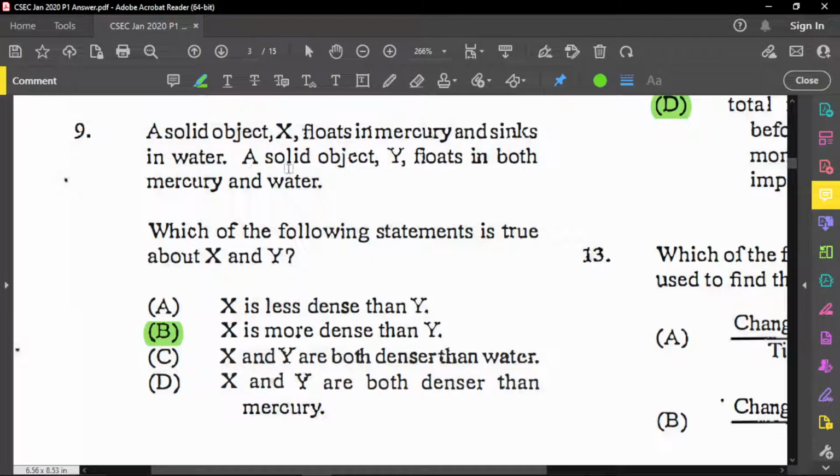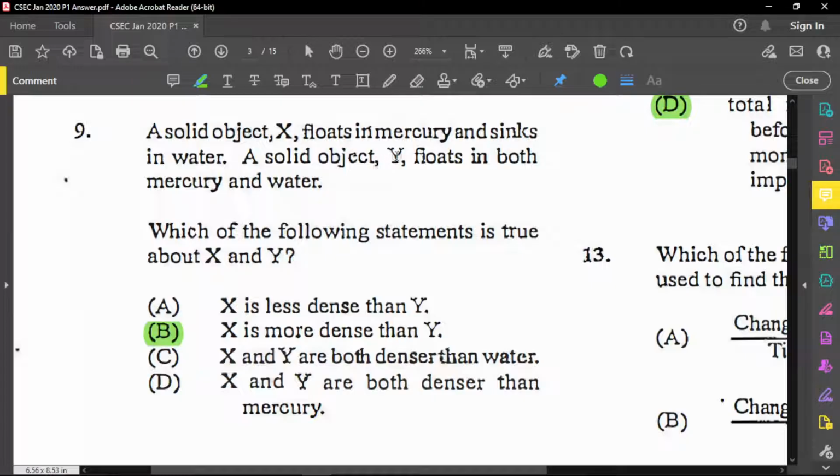Now the solid Y floats in both. That means solid Y is less dense than both water and mercury. It is also less dense than X, because we know that X is denser than water, since it sinks in water.